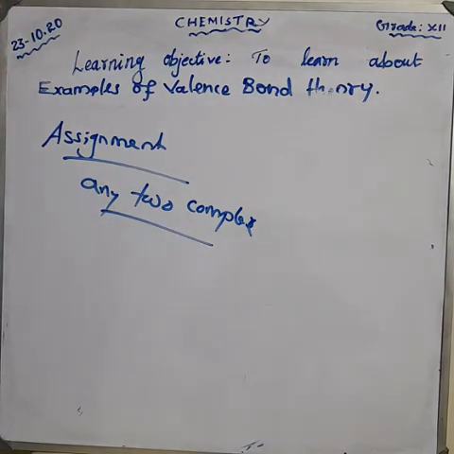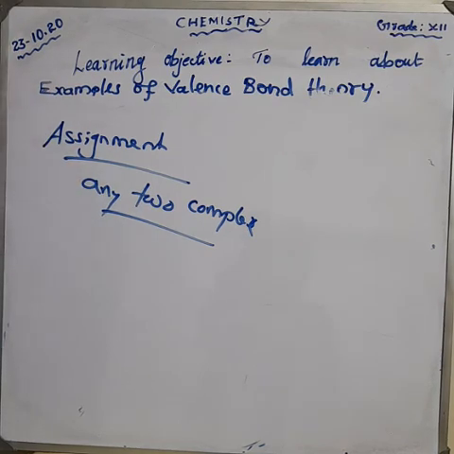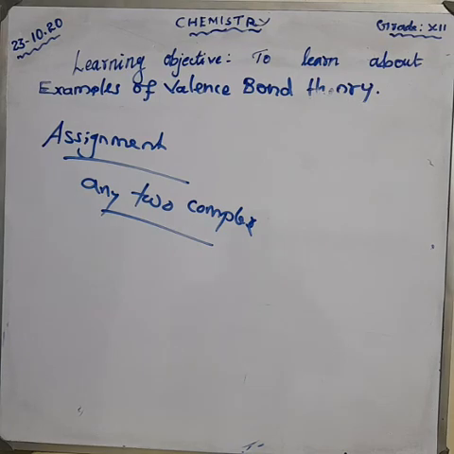For example, what are the complexes? First one, Ni(CO)4. Next one is Ni(CN)4 2 minus. Next one is Fe(CN)6 3 minus. Next one is CoF6 3 minus. These are the four examples. Anyhow, you should write any two of the complexes.